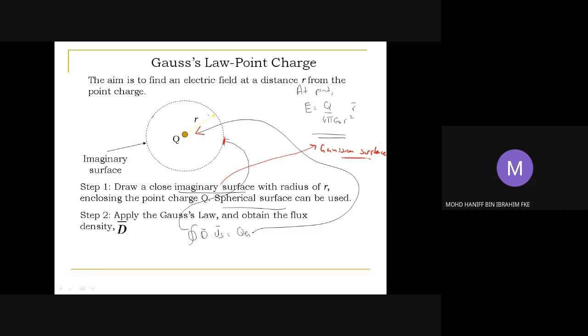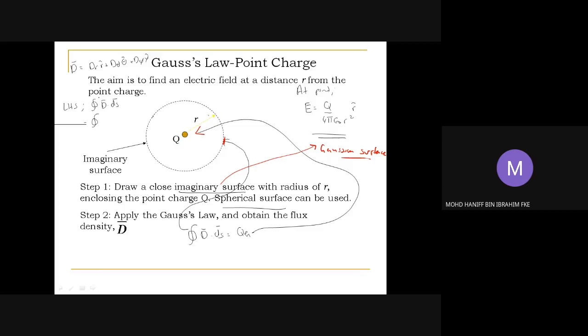Let us go for the left-hand side first, which is D dot dS. That will give us an integration. What should be the direction of vector D? From what we have learned previously, since we are using the spherical surface, the vector D can be in terms of D_r in the direction of r, D_theta in the direction of theta, and D_phi in the direction of phi.